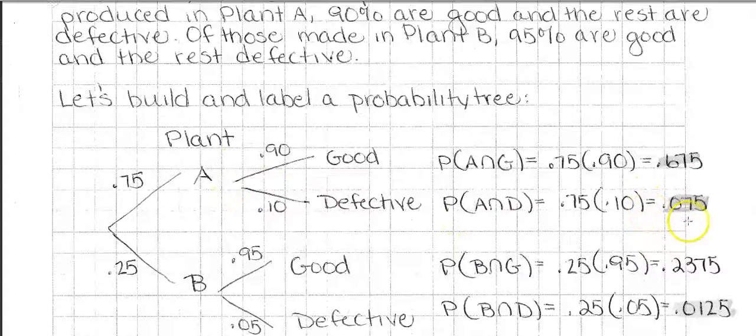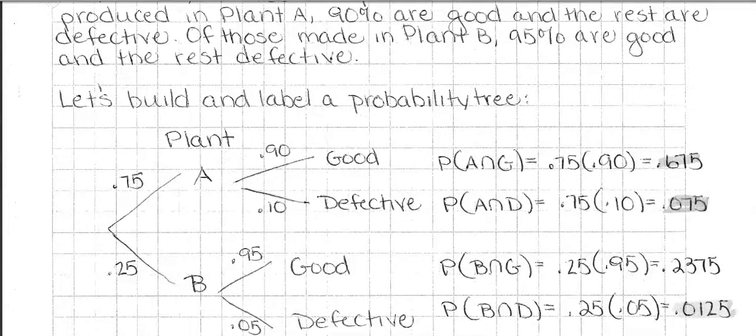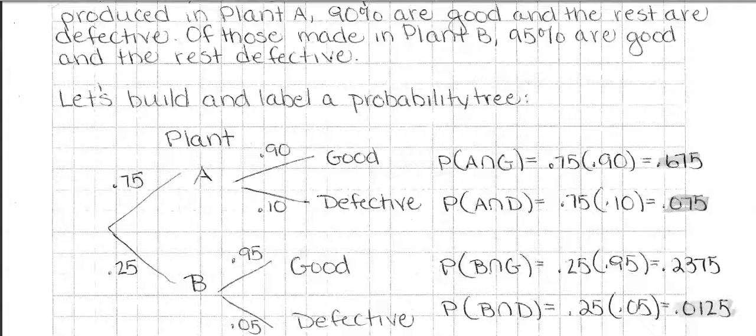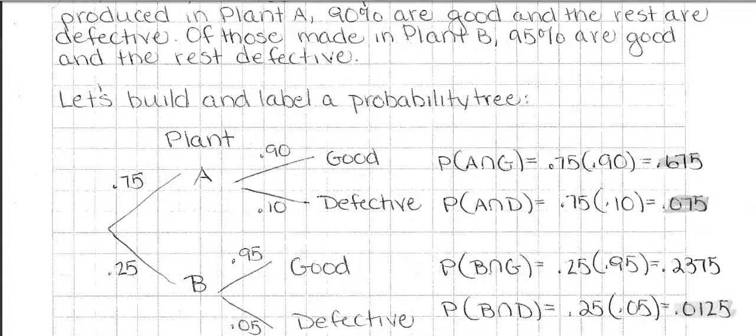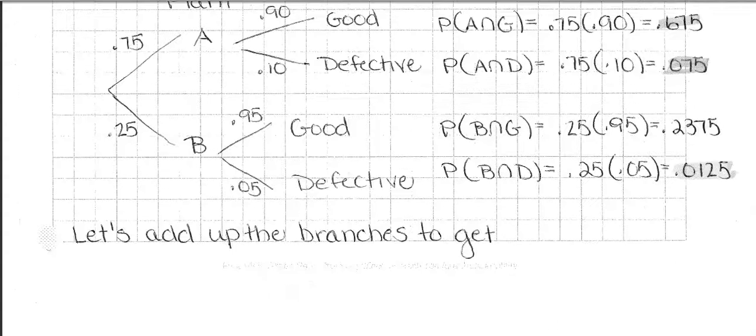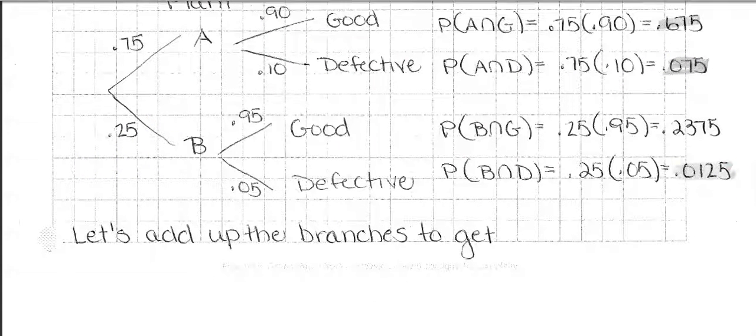So here's the 0.075 or 7.5%. And then we need to find all the different ways that things are defective. The way we're going to do that is we're going to add all of the branches that go through defective. That's this branch that goes through A and the second branch that goes through B.